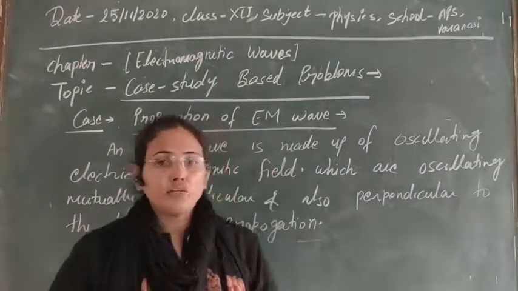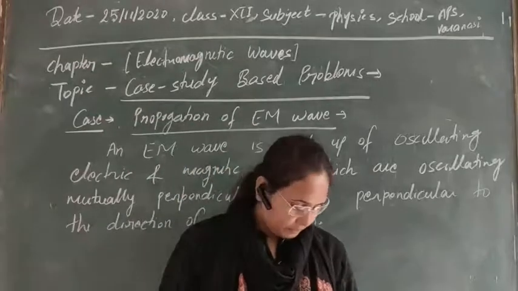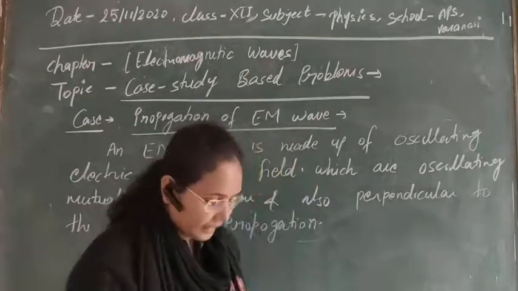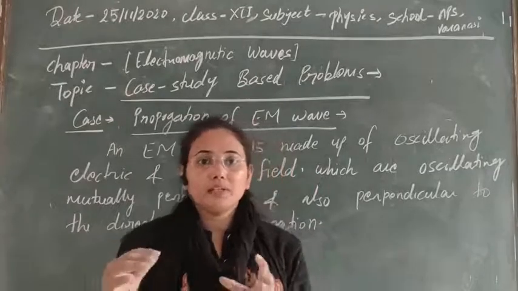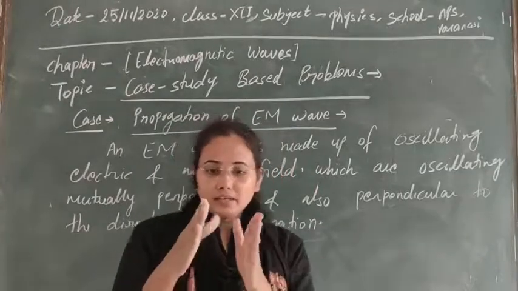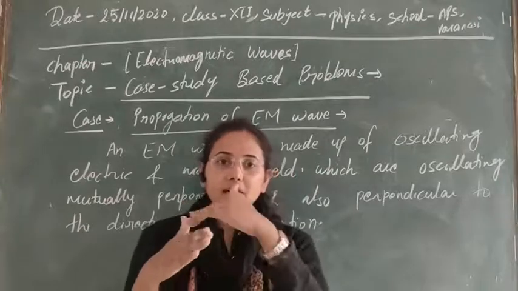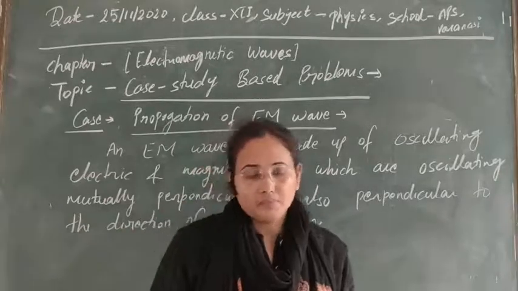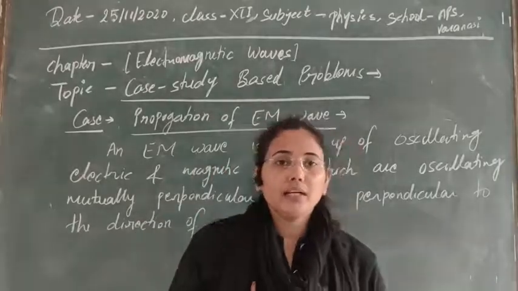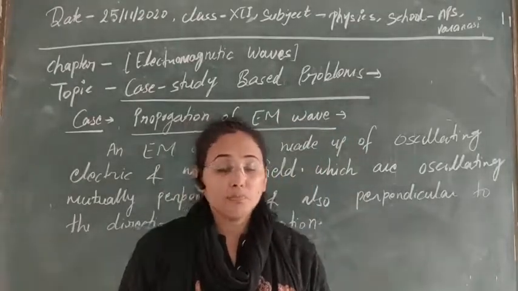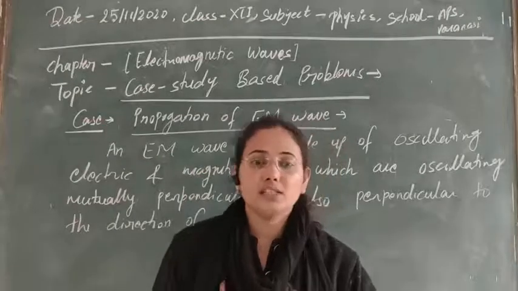If an electromagnetic wave is propagating in a dielectric medium, and after that it enters a vacuum medium, what will be the change in the properties of the electromagnetic wave, or which of the properties will change?